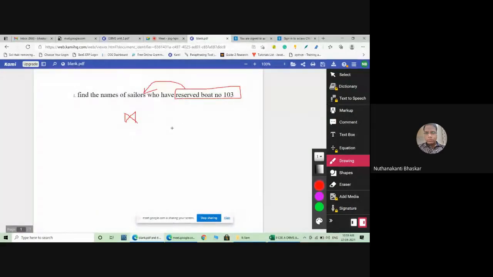Here we can join with the sailors. But what do we join with sailors? Reserved boat number 103 of reserves.